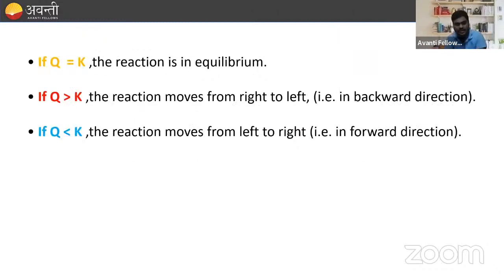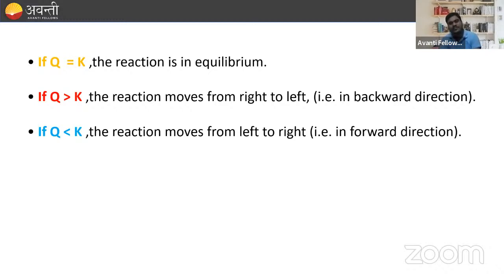How? Let's see. When Q is equal to K, the reaction is in equilibrium, whenever the value of the equilibrium constant and the reaction quotient become equal. Similarly, if Q is greater than K, the reaction moves from right to left, that is, the backward direction.